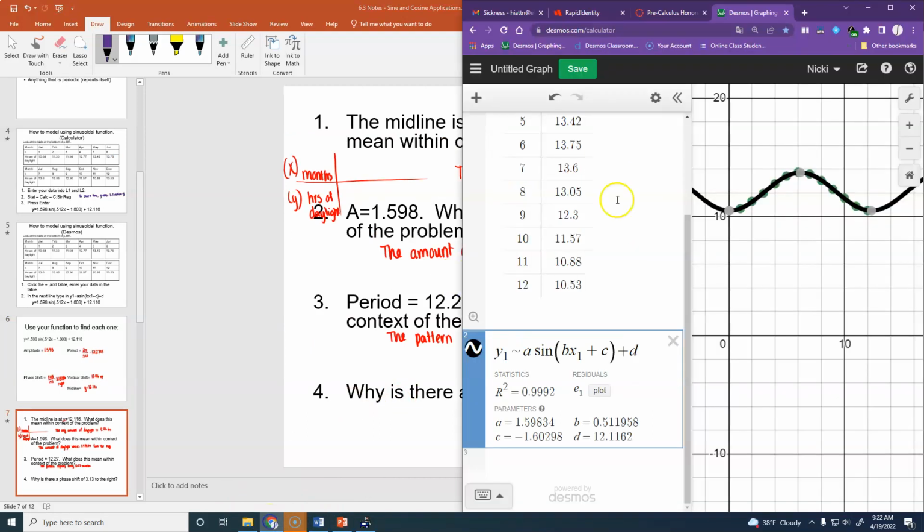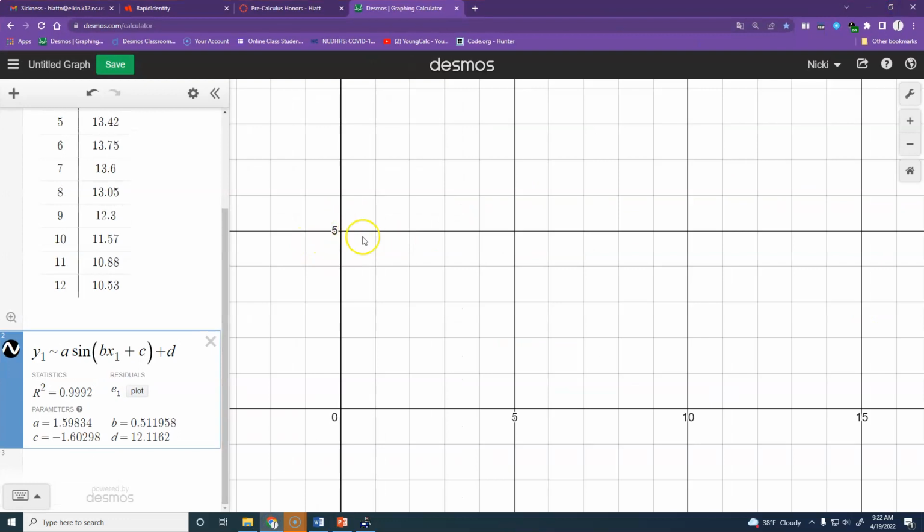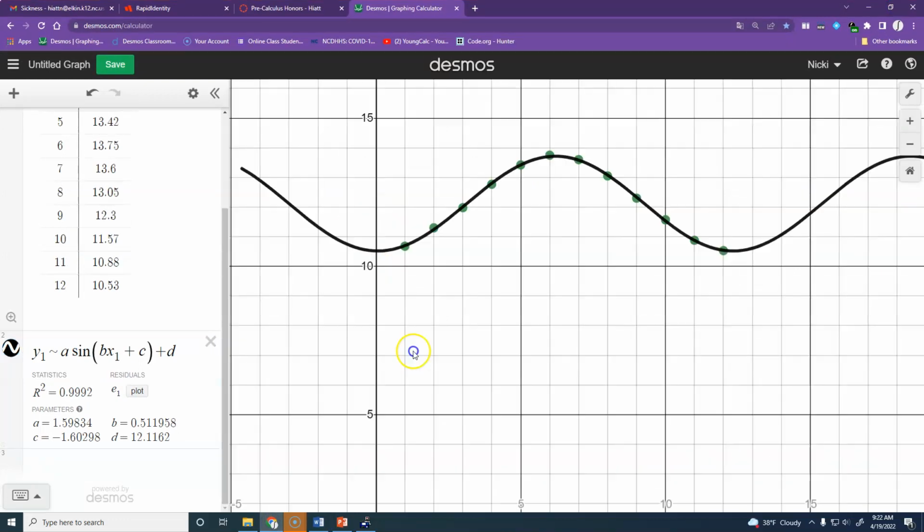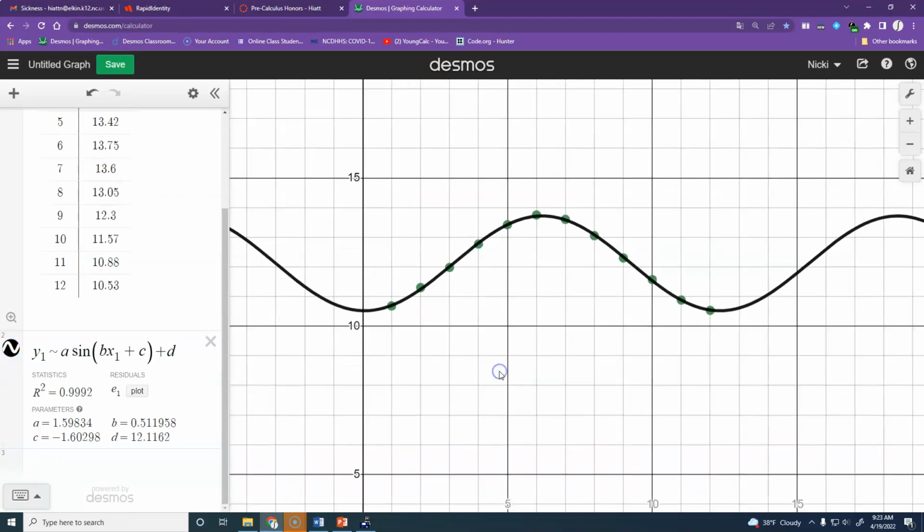If we go back to that Desmos graph, on my graph here, it looks like our minimum point is happening pretty close to our x-axis and y-axis. So 0 here is our shortest day.